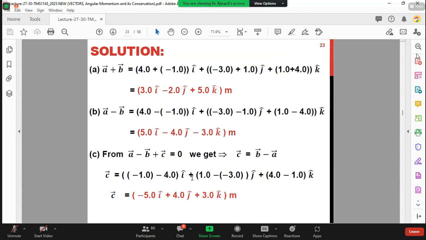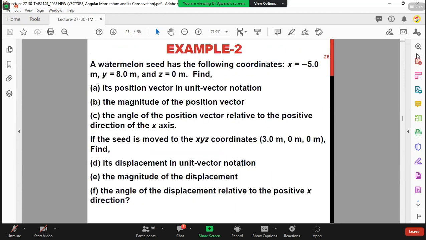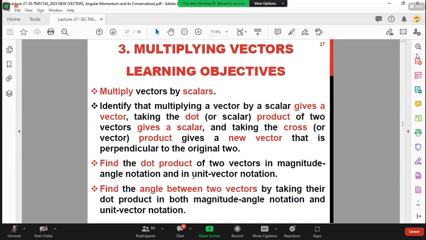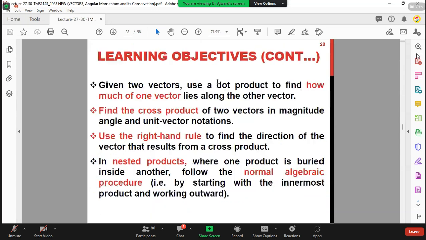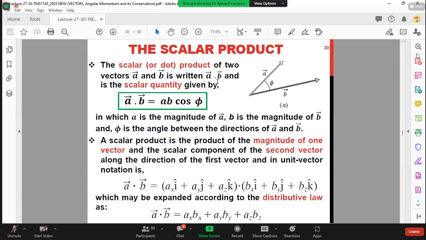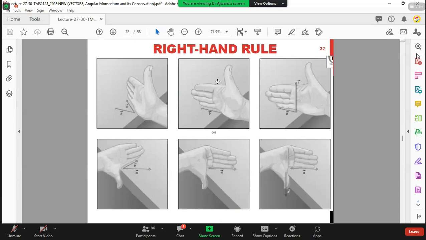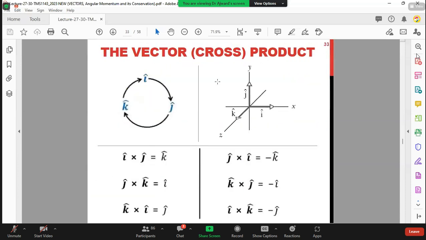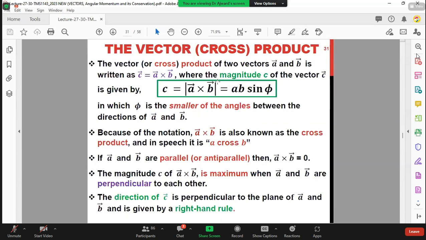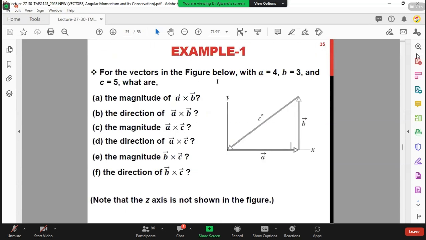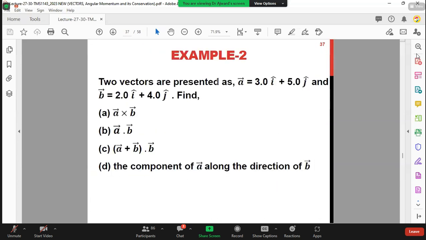That's the next part we have to go to. And next we have to come to multiplying vectors also. So definitely we need one more lecture tomorrow or next week. What are cross products, dot products? That is multiplying vectors.